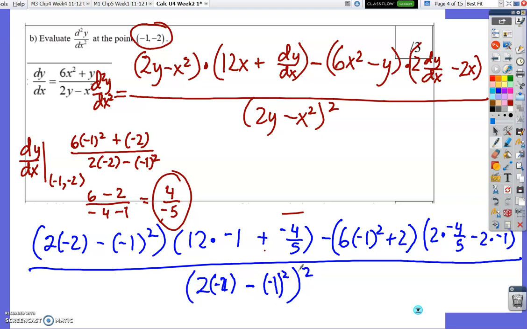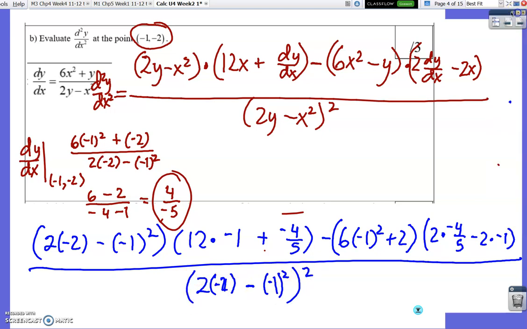You'll notice I really didn't do anything here when I plugged it in. Just kind of plugged and chugged away. That's my answer. I'm going to stop right here.